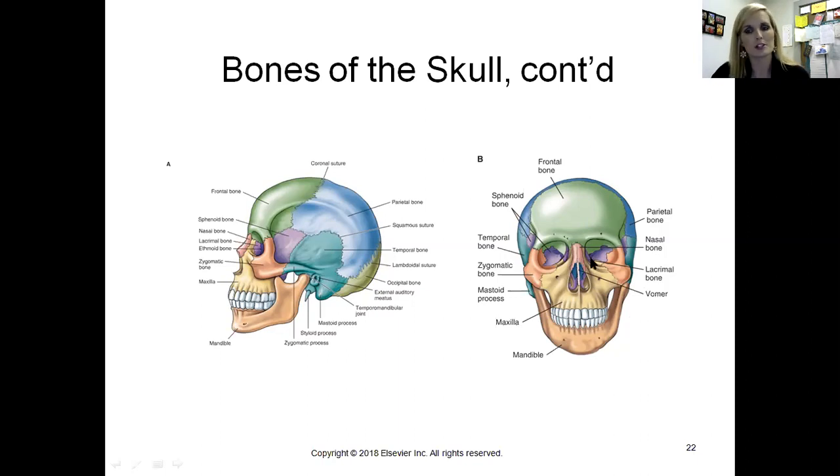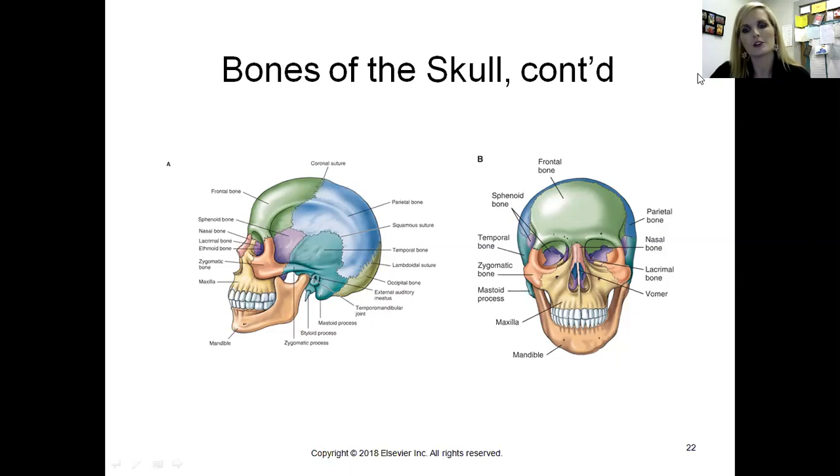Number 2 is pointing to those lacrimal bones. So in the bones of the face, number 2, the lacrimal are the ones inside the eye sockets. I often associate that with our tear ducts. Our tear ducts are also known as our lacrimal ducts, and we'll talk about that later when we talk about the eye. But that's how I'm drawing that association to remember the lacrimal bone is in the same area.